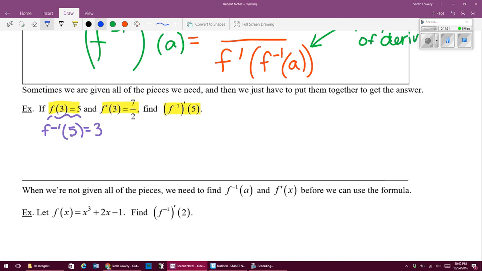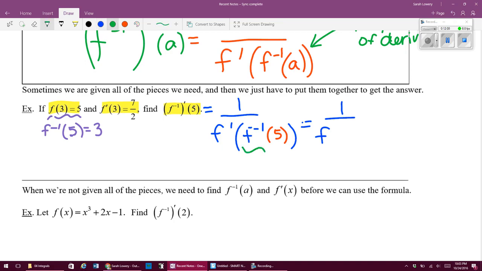So now, using my formula, if I want to find the derivative of my inverse at 5, it's going to be 1 over the derivative of the inverse of 5, which is 1 over, we know that the inverse of 5 is 3, so it's going to be 1 over f prime of 3.